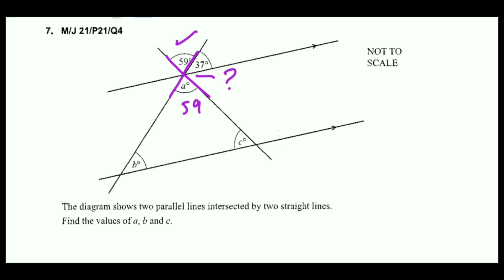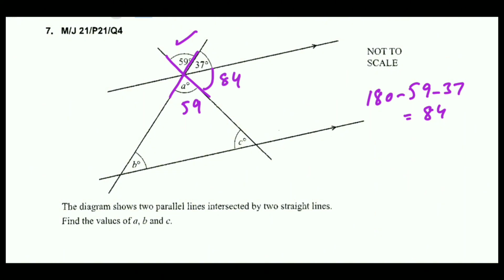So we are using the property of angles on a straight line, and 180 minus 59 minus 37 is equal to 84. So it means this angle will be 84.